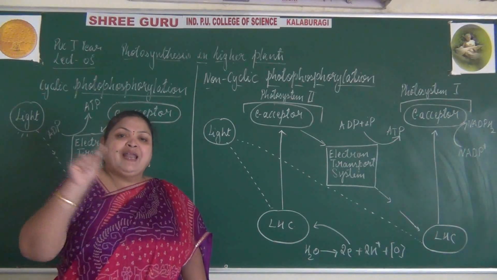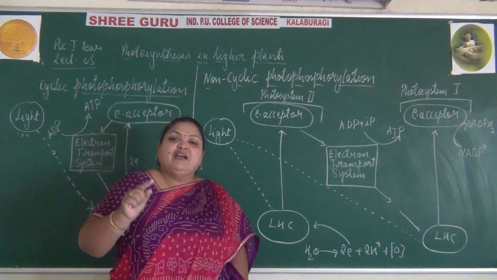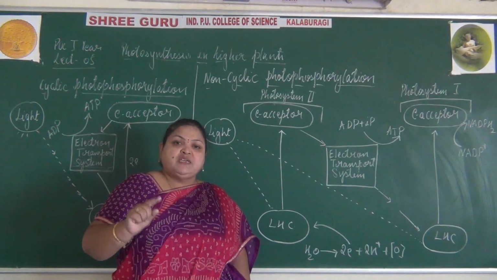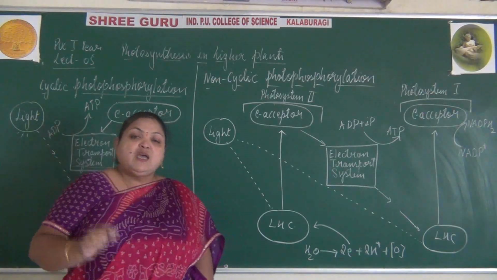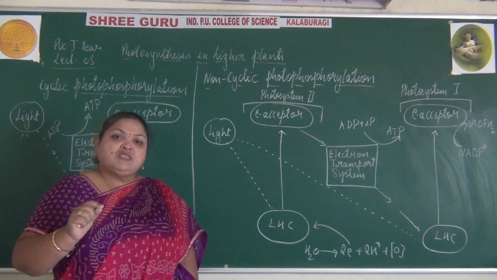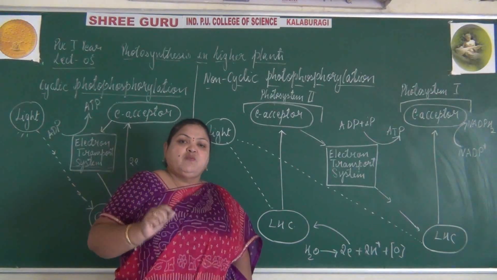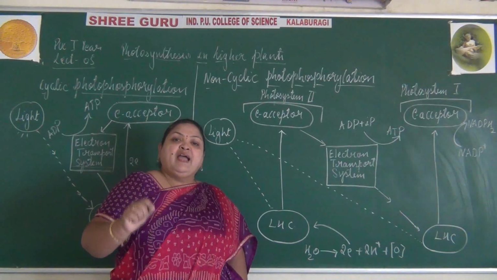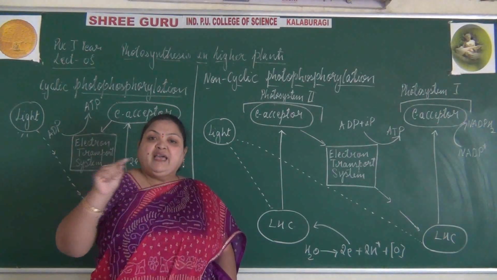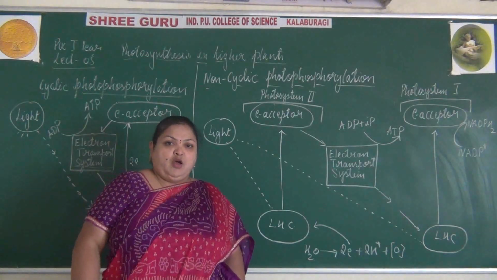So the whole light reaction is occurring in the grana of the chloroplast with the help of the photosynthetic pigments. Now in the membrane there are photosynthetic complexes along with photosystem 1, photosystem 2 and ATP synthetase, which are embedded in the membrane of the thylakoid in the form of protein complexes.